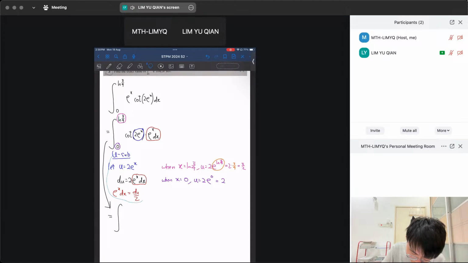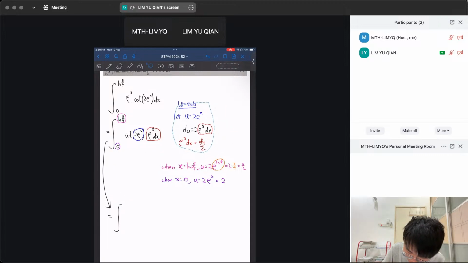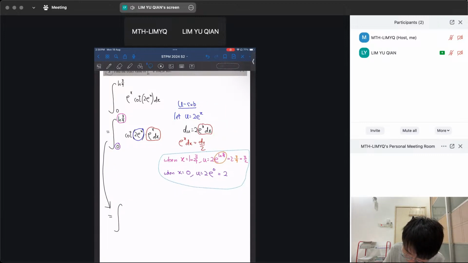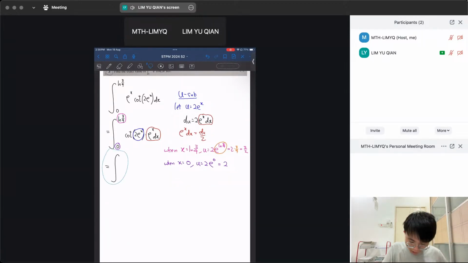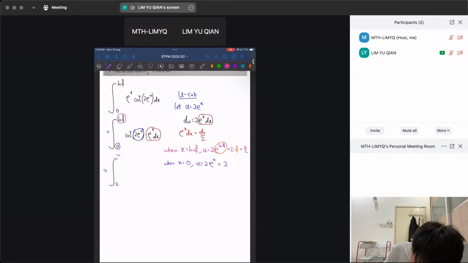Put it here, beside. Okay, so that's equal to 2 to pi over 2.